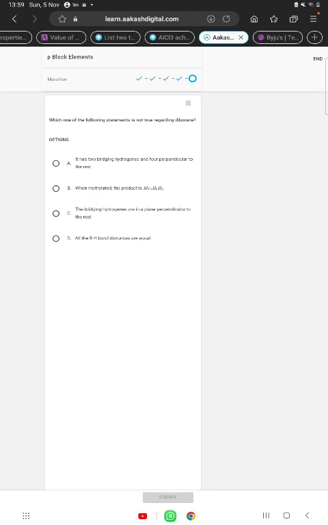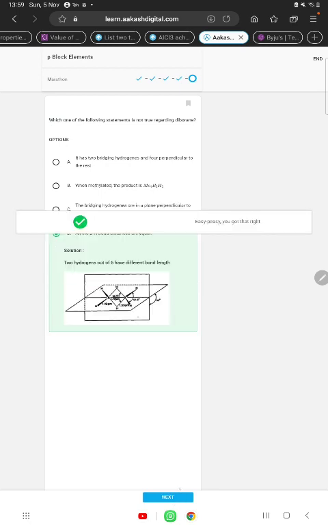When methylated, the product is Me4B2H2. The bridging hydrogens are in a plane perpendicular to the rest. All B-H bond distances are equal. So this is the correct, student. 2 hydrogens out of 6 have different bond length. So all B-H bond distances are equal, that is wrong.